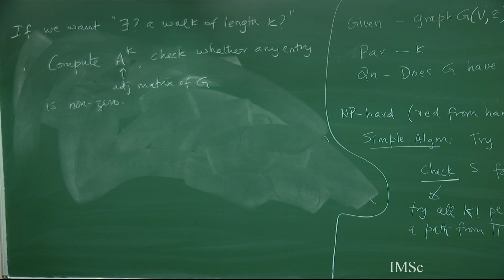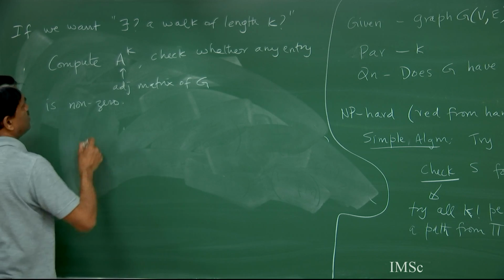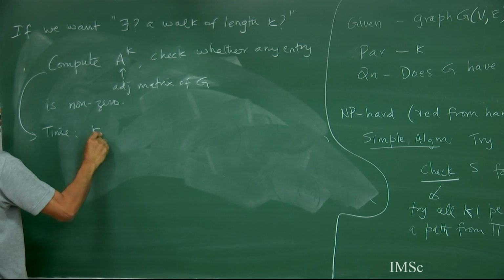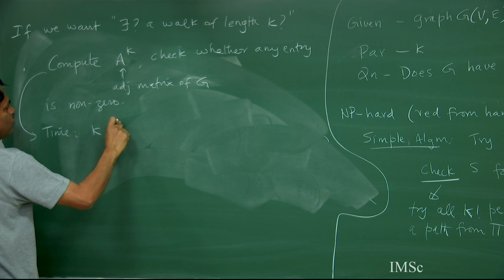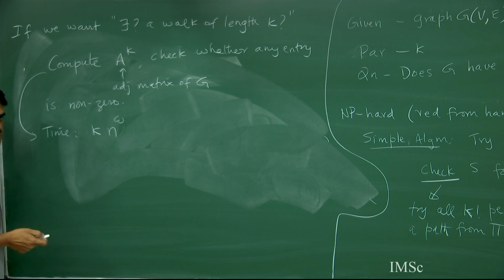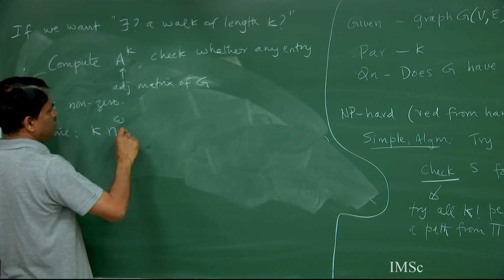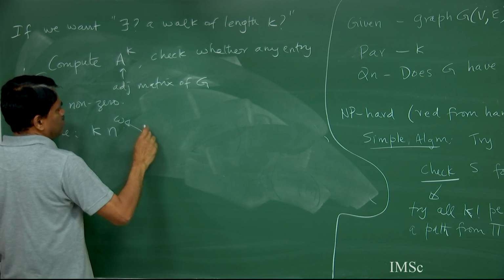So how much time does it take to compute A to the power k? Yeah, you're just doing matrix multiplication k times, right? So k times n to the omega, whatever the best matrix multiplication running time is. It's like 2 point something now.